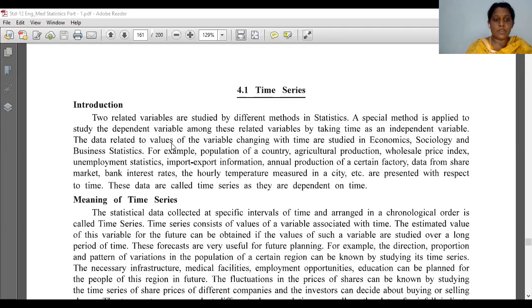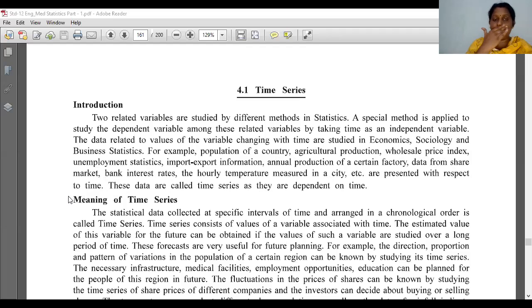The data related to values of a variable changing with time are studied in economics, sociology, and business statistics. For example, population of a country, agricultural production, wholesale price index, unemployment statistics, import-export information, annual production of a certain factory, data from the share market, bank interest rates, the hourly temperature measured in a city, etc. are presented with respect to time.